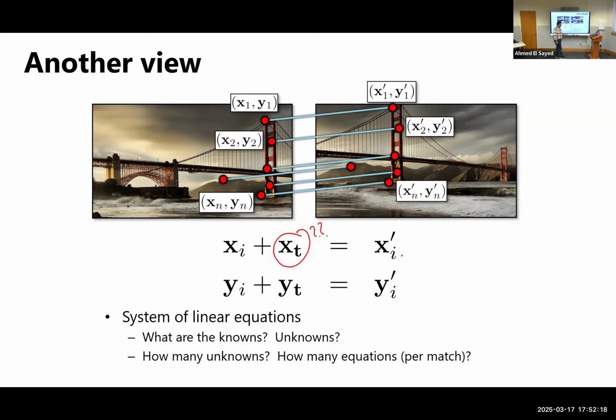This is unknown number 1. This is unknown number 2. How many unknowns in this equation? 2, right? 2 simultaneous equations in 2 variables. Can I solve them? Yes, but with 1 point, if I have only 1 point.